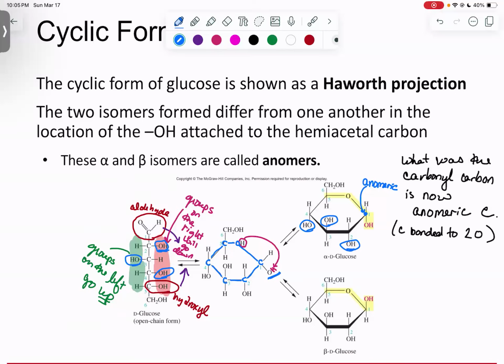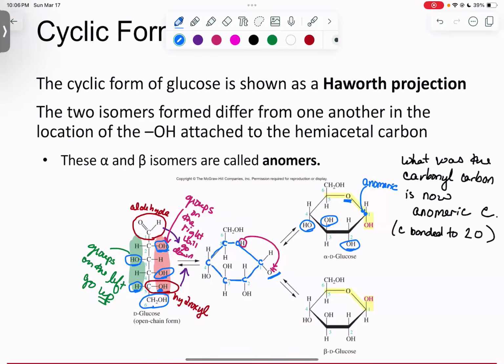Carbon number 5. Now here's the weird thing with carbon number 5. This oxygen right here is this oxygen right here. So you're not looking to put a hydroxyl on carbon number 5. Carbon number 5's groups are a hydrogen and this CH2OH group. The oxygen you've already drawn because it's in the ring. So you really only have to worry about the hydrogen and then the CH2OH group.